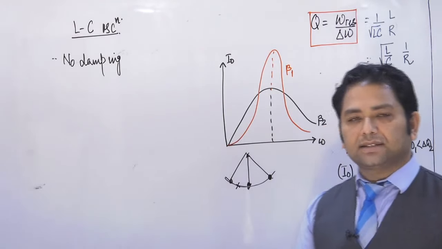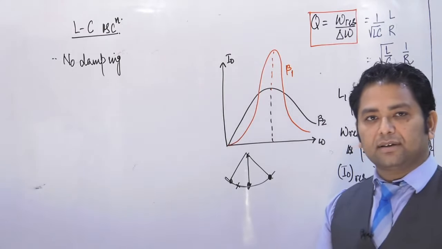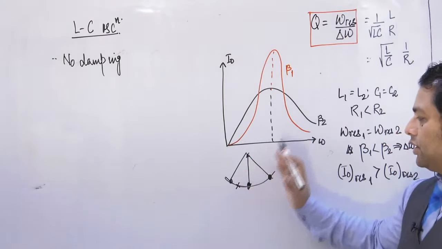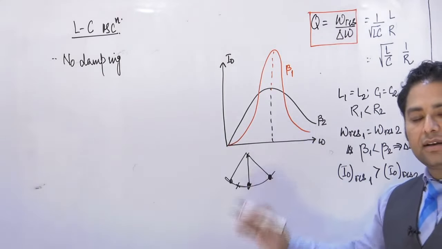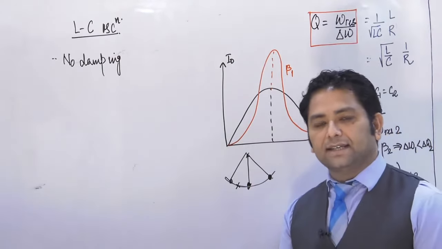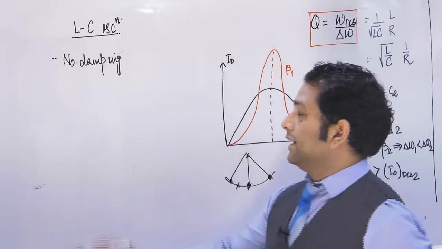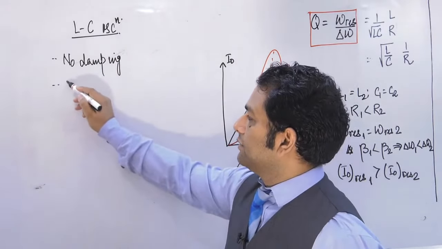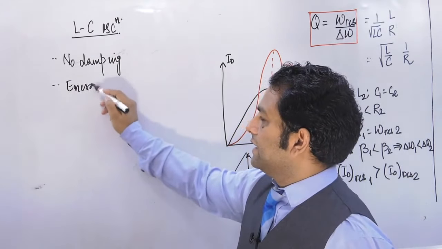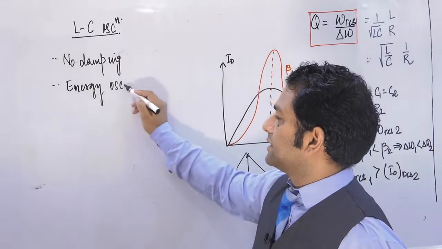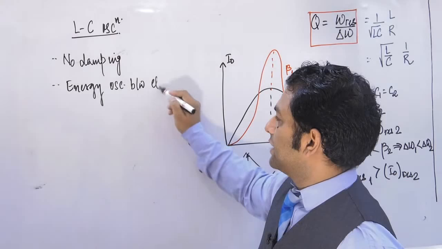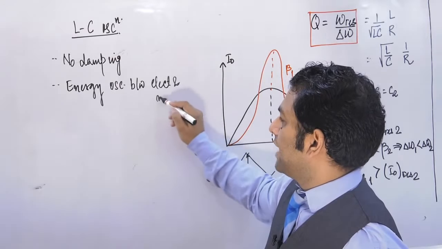But in any given case, loss is never going to happen. The energy simply oscillates between potential and kinetic and vice versa. In a similar way, here you would find that energy oscillates between electric and magnetic.